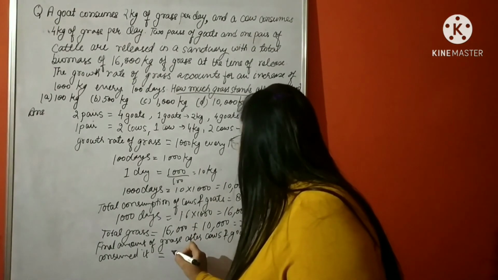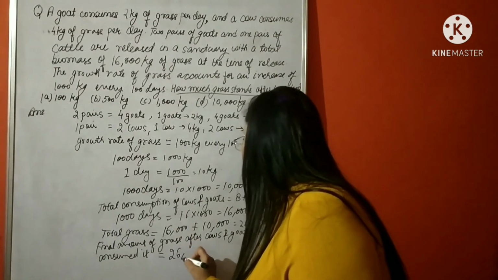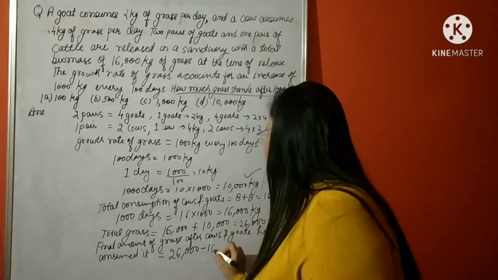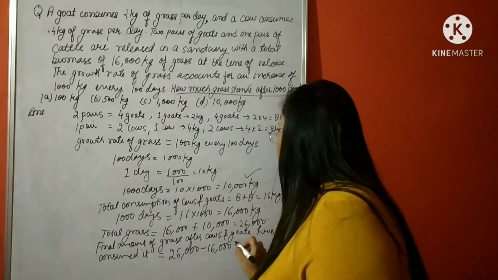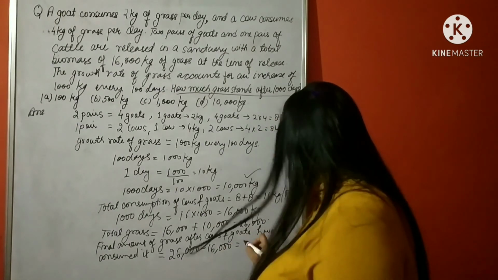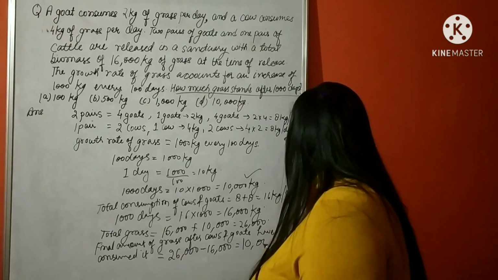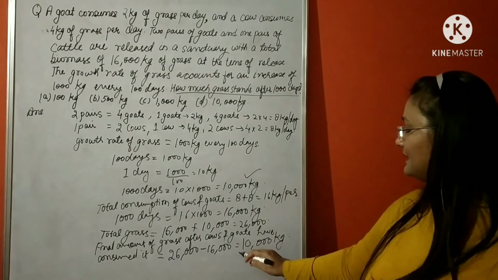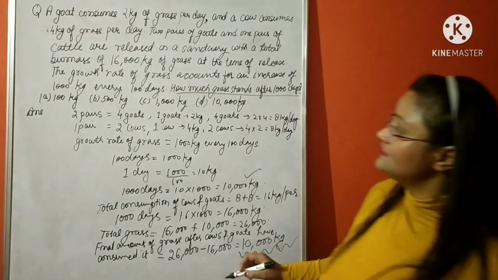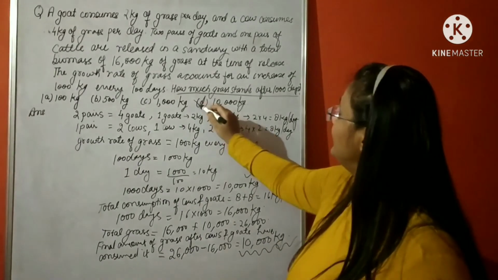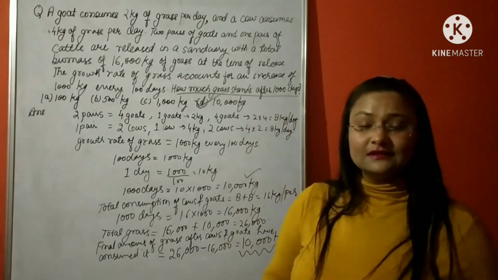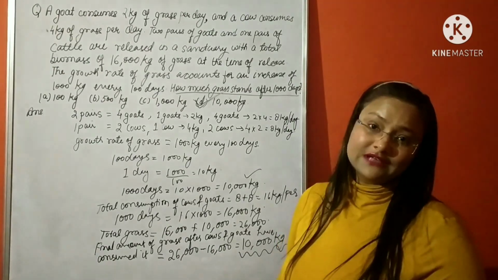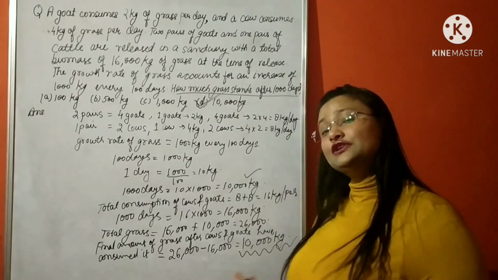It will be 26,000 minus 16,000. So the final answer will be 10,000 kilograms. So this will be the final amount of grass left. So the answer will be option D, 10,000 kilograms. So that's how we can solve these kinds of questions simply by using the unitary method.